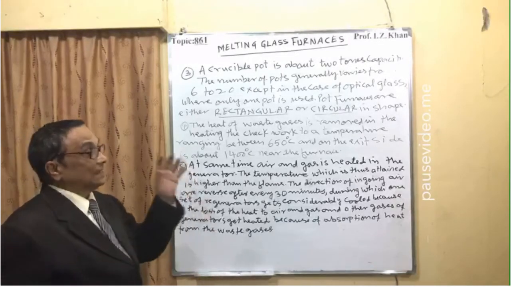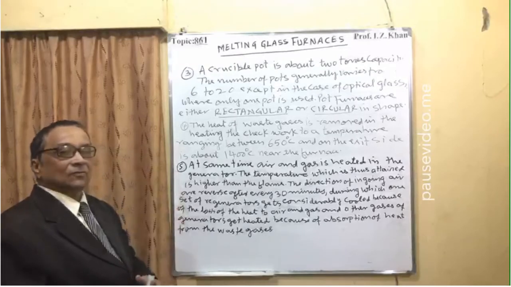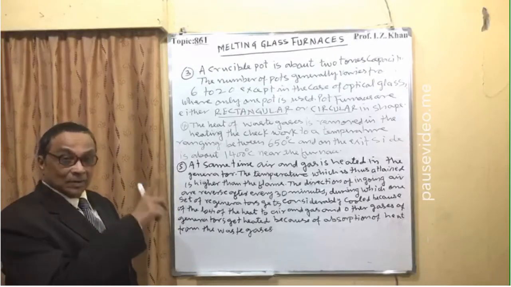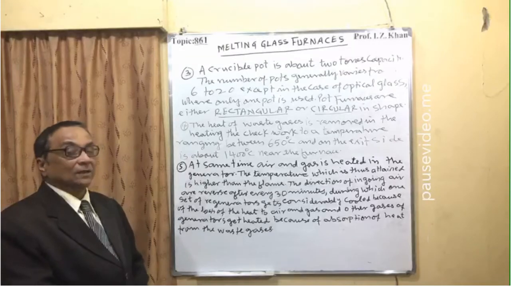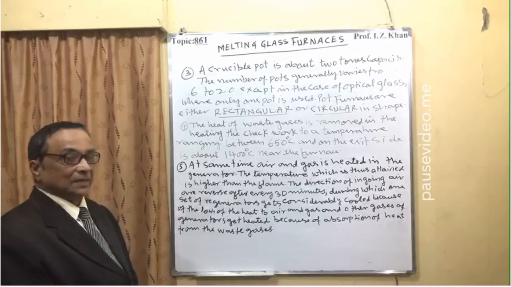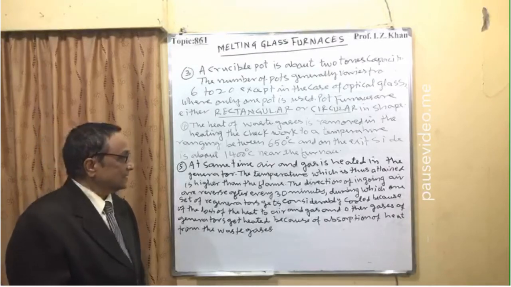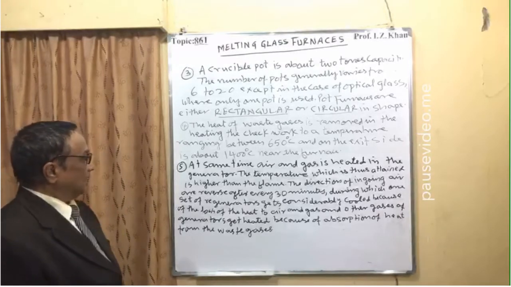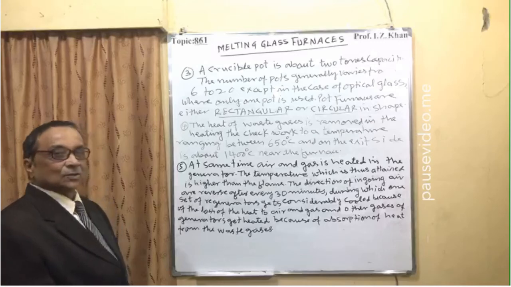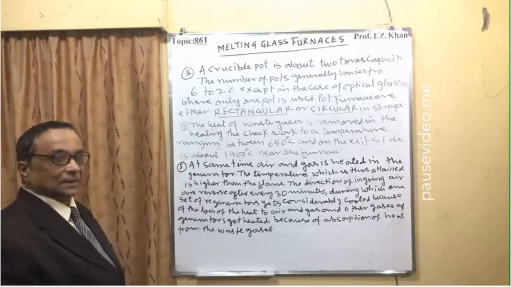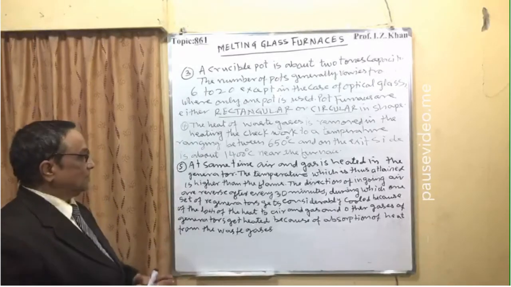This gas and air mixture is heated in the chamber where all the pots are put, where batch material is kept for melting, and the direction of ingoing air is reversed after every 30 minutes, so that maximum heat is supplied.